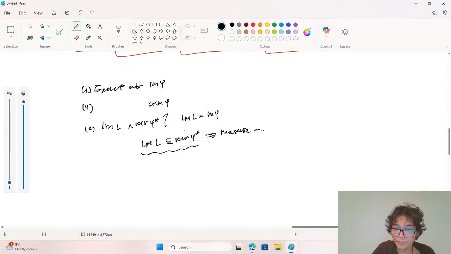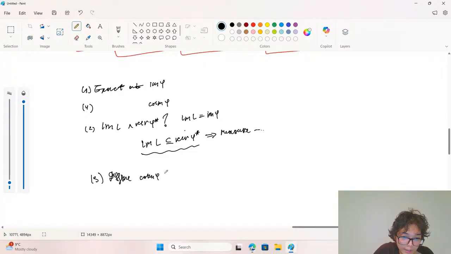And then third, it's the same trick as it was before. I define co-image of phi such that kernel of pi is equal to image of phi star.